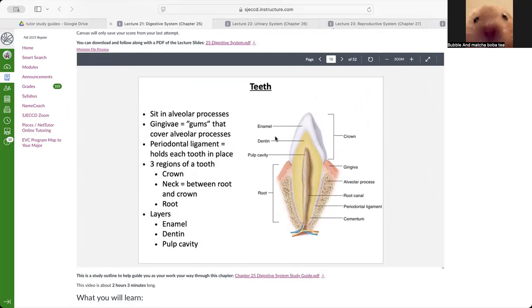We have teeth. So we have teeth in alveolar processes of the mandible and maxilla, right? So we have gingivae, which is the gum that covers the alveolar process.